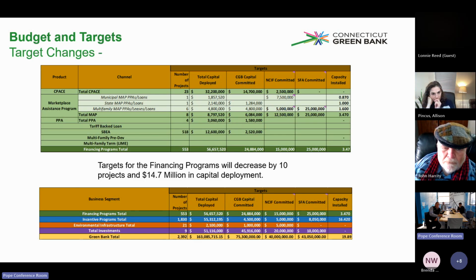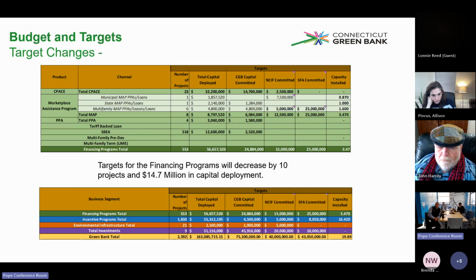That's basically just our change to targets here, bringing things in line with what's going to get closed this year in terms of state projects. So I think we're reducing by one project here and reducing the capital deployment numbers as well.